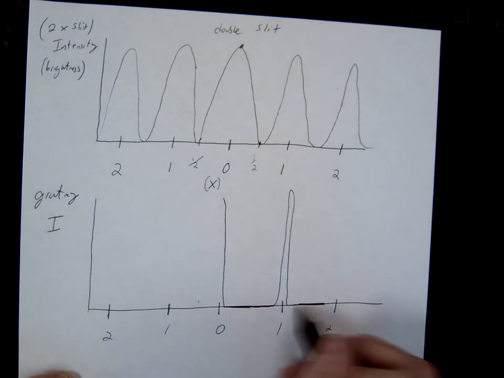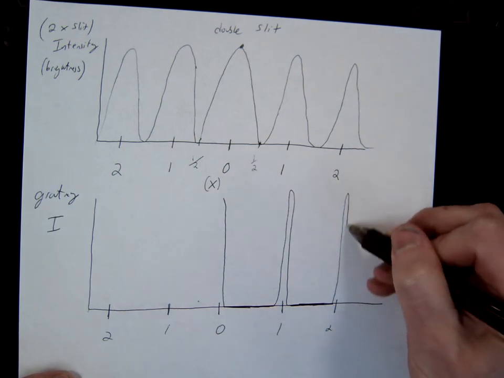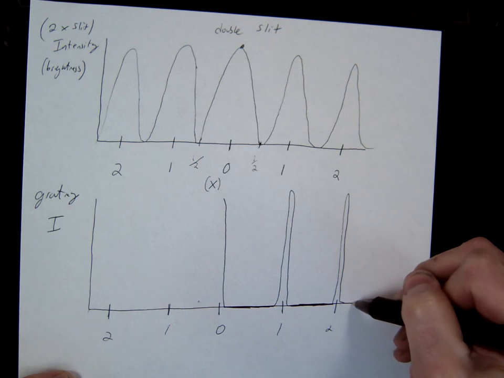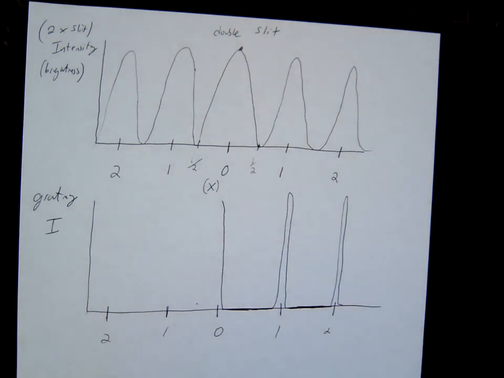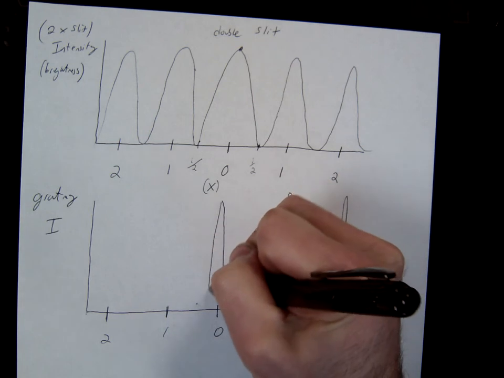So notice here how much dark space you have, and you only have these thin bands of brightness. Okay, so let's draw the same. These are all symmetrical.